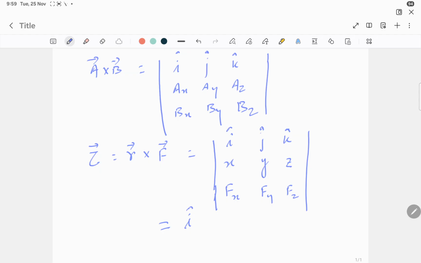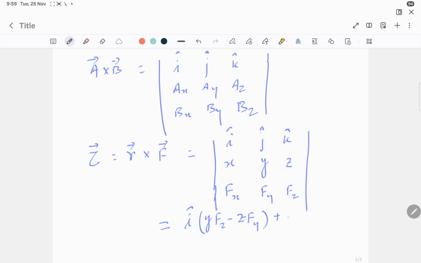Let me repeat how to expand in this determinant form, how a vector product is written in this determinant form. So we take first i and forget about this row and this column, and then cross multiply like this. So y Fz minus z Fy.